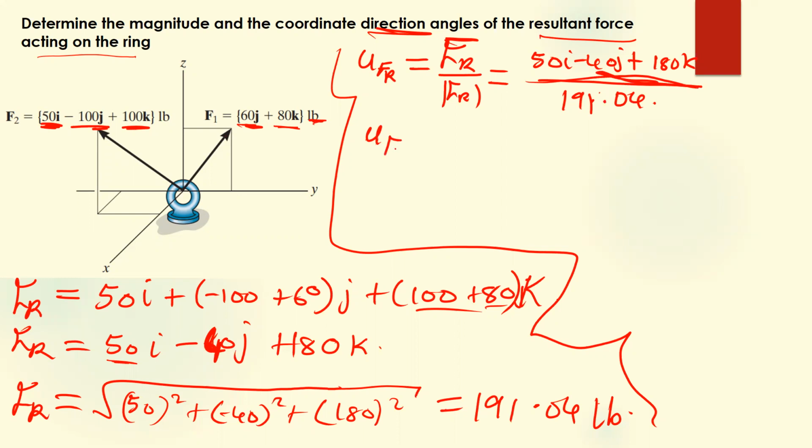So what this means is that we're going to divide everything on the numerator there by 191. If we divide 50 by 191, we're getting 0.262I. And then we divide negative 40 by 191.04.